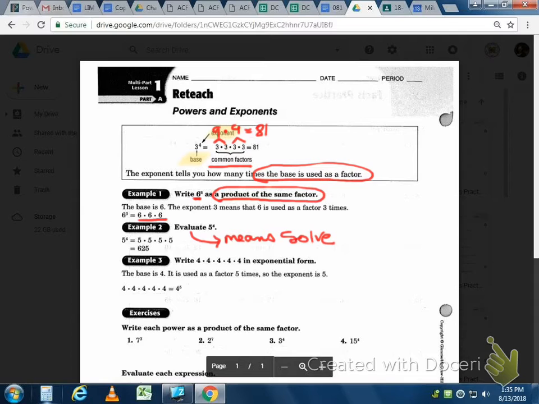So 5 to the 4th power is 5 times 5 times 5 times 5. You can do it like I showed you with the 3s. The first 5 times 5 is 25, and the second 5 times 5 is 25, and then 25 times 25 is 625.